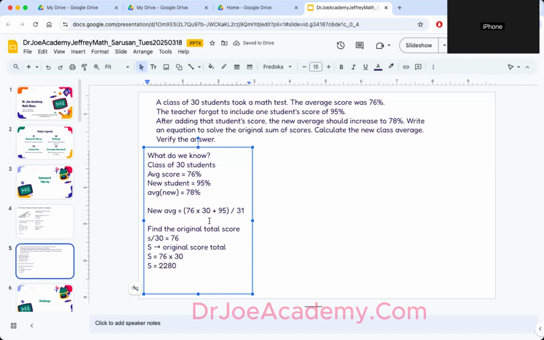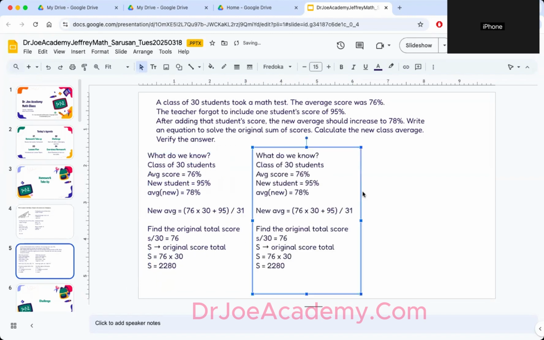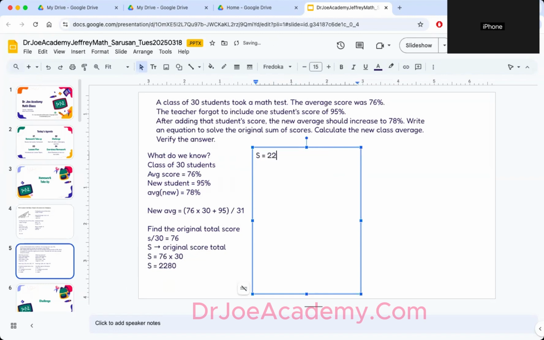And just like you said, we got to add 95 because that is the new student score. Let's put that over here as well. So s equals 2280. S new equals 2280 plus 95.